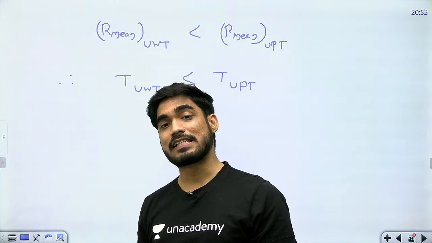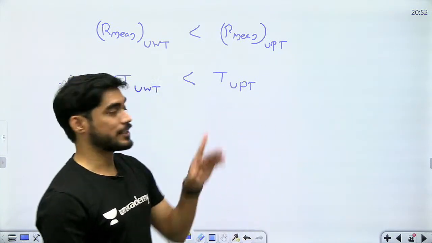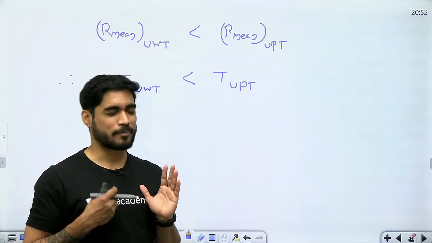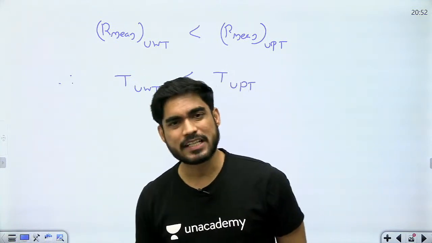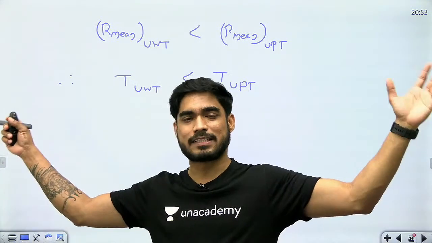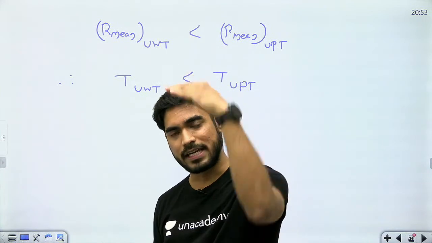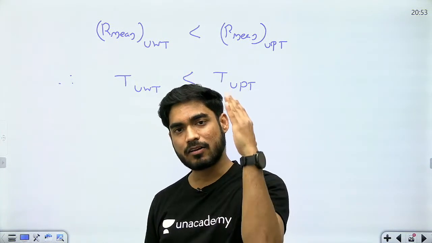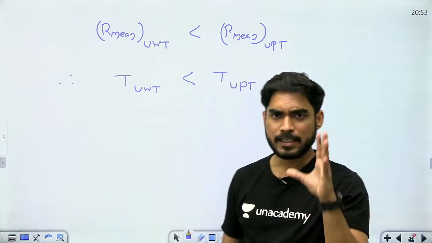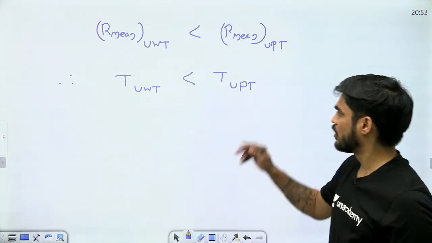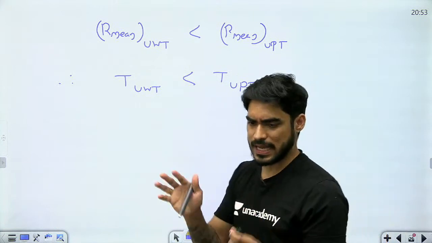Now a lot of people will say uniform pressure theory because it will give us more torque. But beta, you are forgetting something. The objective is not to get maximum torque. The objective is to keep the plate safe. So understand. Let's say you are using uniform pressure theory in order to design the clutch.